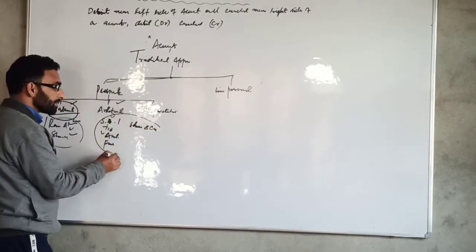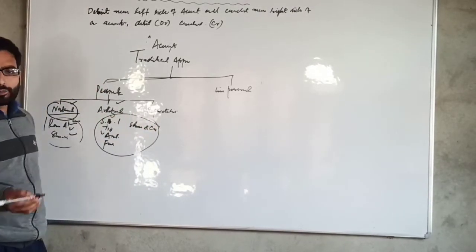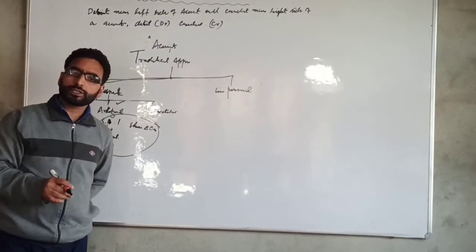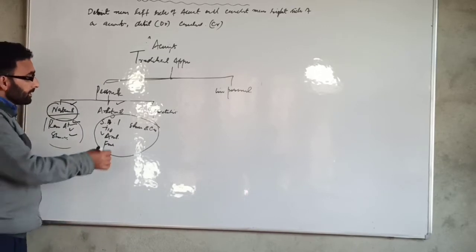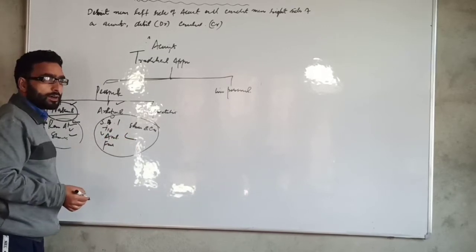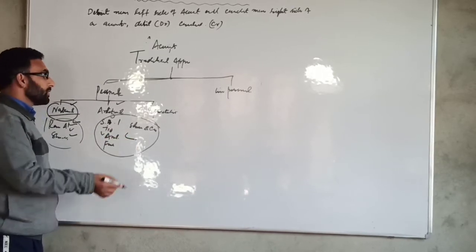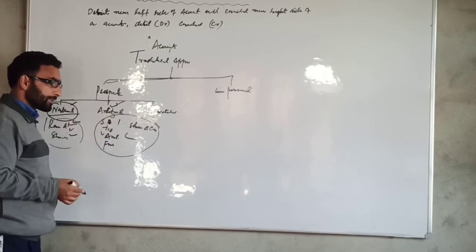Companies, firms and municipal corporations act as human beings and can work on their own behalf, so they are called artificial persons.